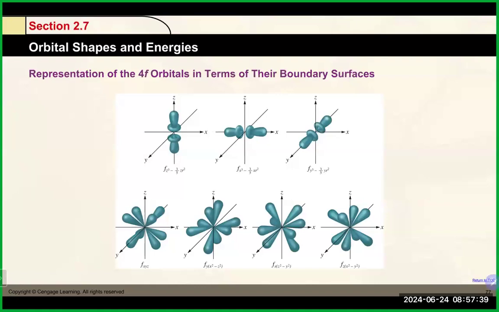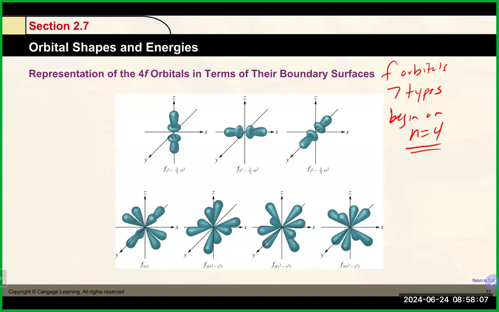Now, lastly here, there are f orbitals. There are 7 different types of f orbitals, and they begin on the n equals 4 level. So when you hit the n equals 4 level, you still have s orbitals, p orbitals, and d orbitals, and now added to them are our f orbitals.